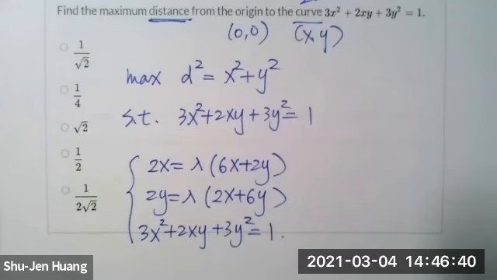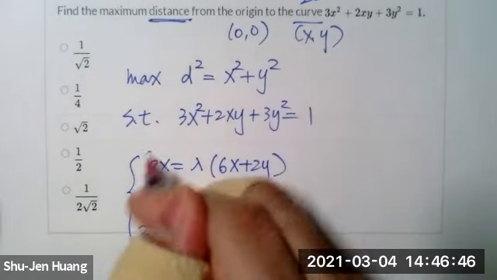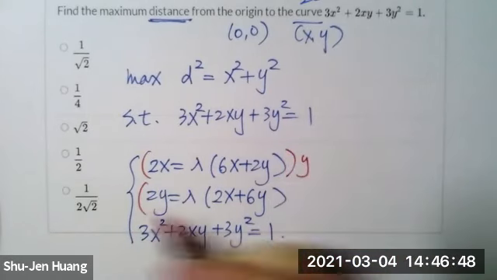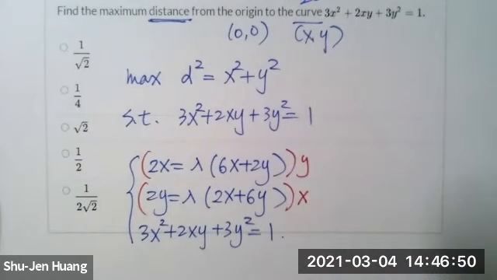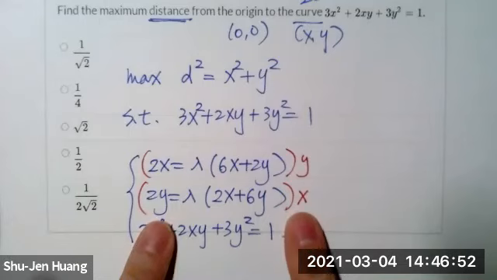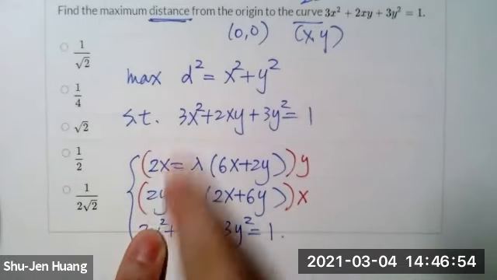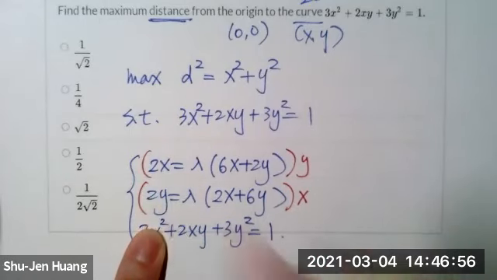Okay, someone mentioned multiplying the first equation by y and the second equation by x. We did something like that in class, because doing this, you can see on the right-hand side we get the exact same thing.